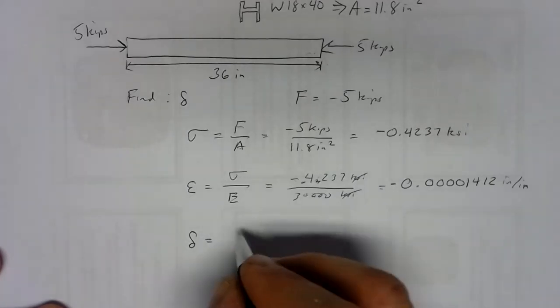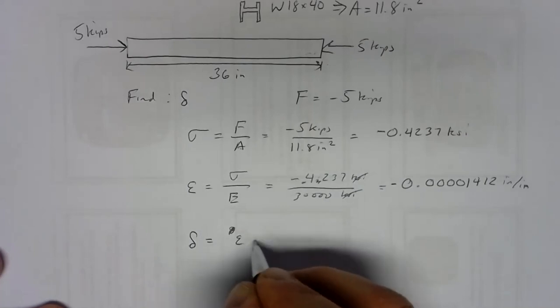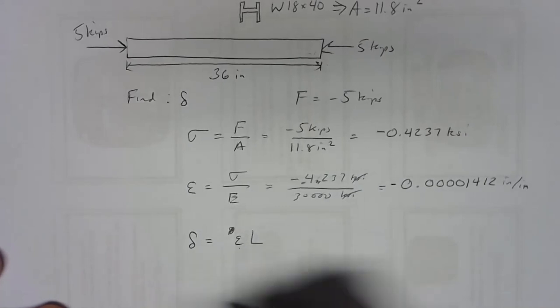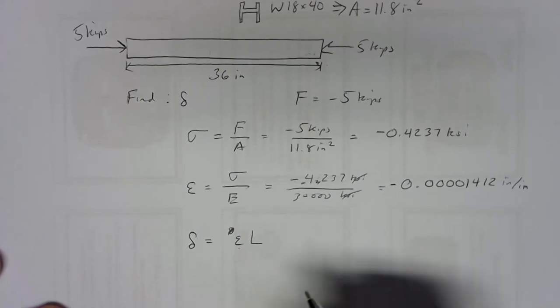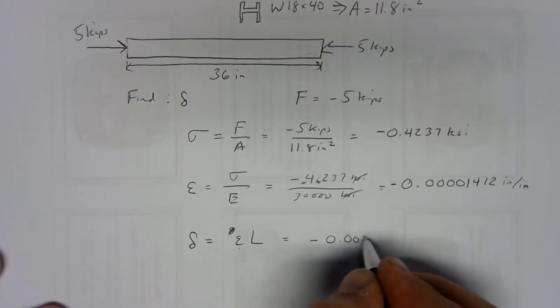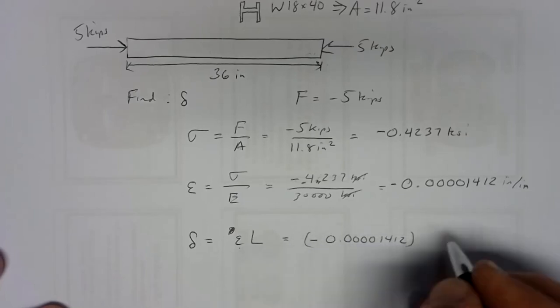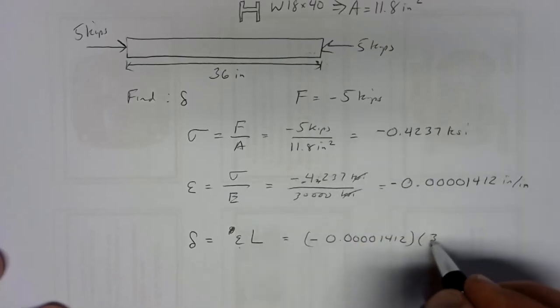Elongation is the strain times the length. The strain tells us how much each inch changes. The length tells us how many inches we're dealing with. So we get negative 0.00001412 times 36 inches.